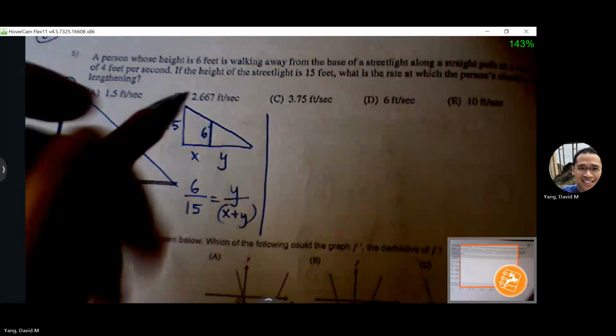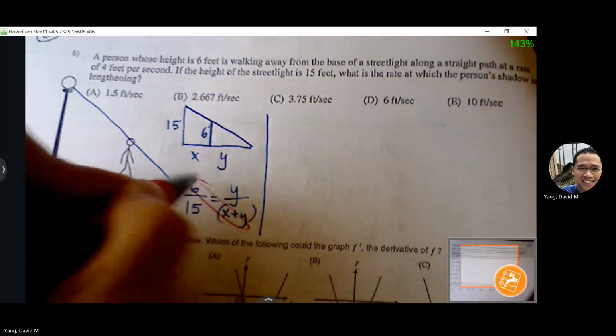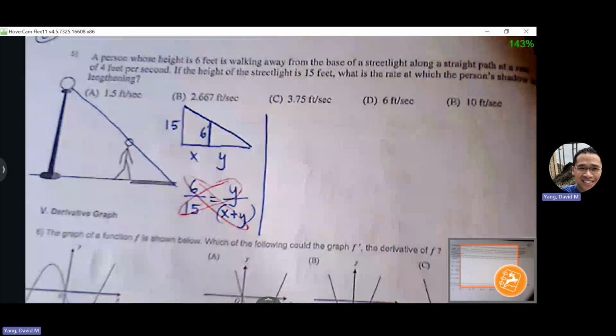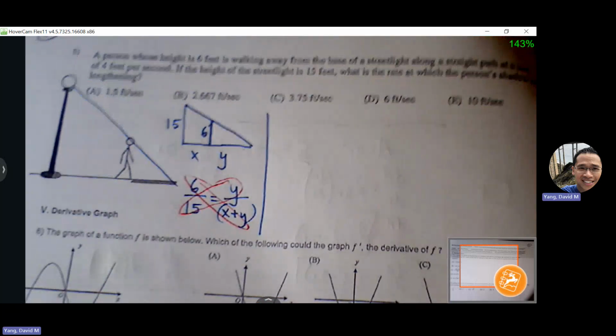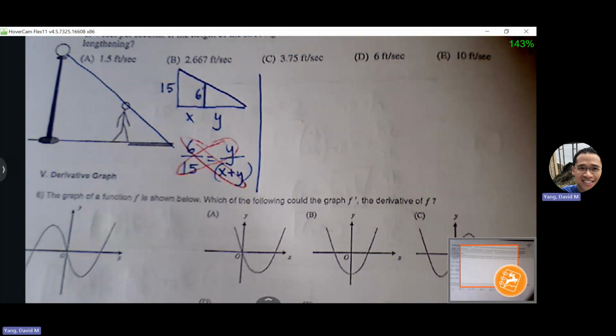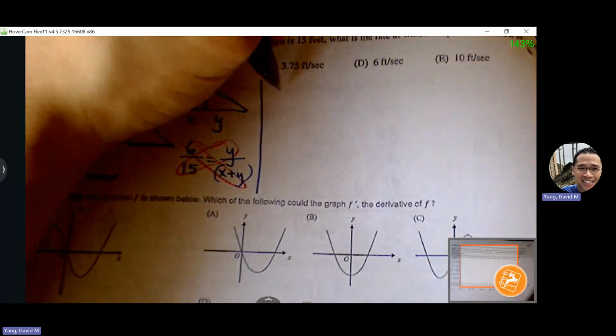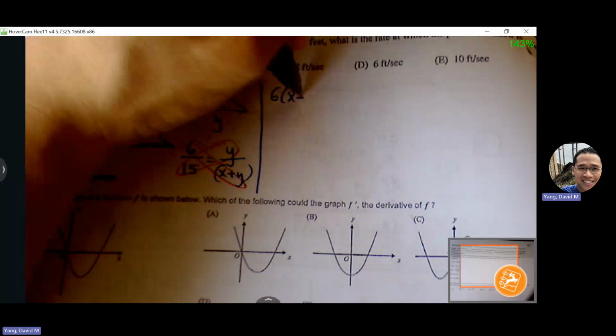Okay, so if I cross multiply here, this is really the equation that I'm going to find the derivative for, but I would like to get that cleaned up before I work on the derivatives there. So 6(x plus y).